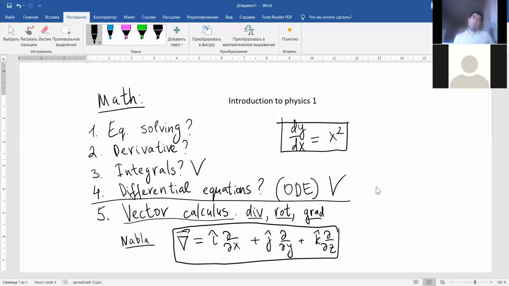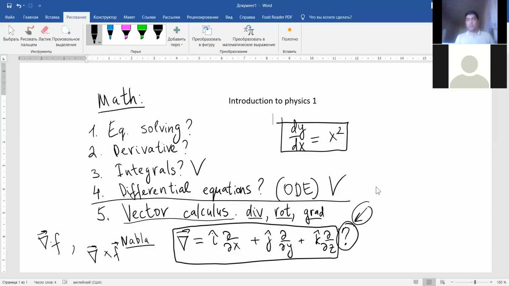So divergence is nabla dot f, for example; gradient is nabla f, for example, or this is a dot product. Or rotor is a vector product, cross product, nabla cross f, etc. Okay, if you don't know this one, when we use derivatives, rotors, gradients, I'll explain this topic in more detail.